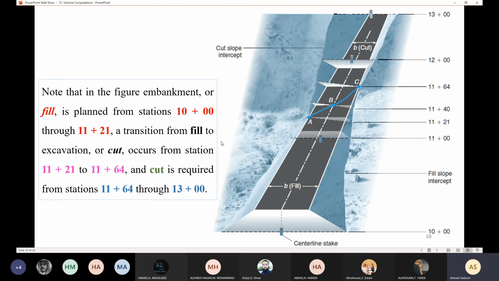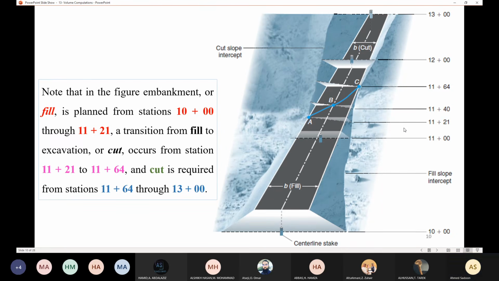We note that from the station 10 plus 0, 0 up to the station 11 plus 21, between these stations, I need to fill. In order to reach the formation level, I need to fill between here and here, and so on.